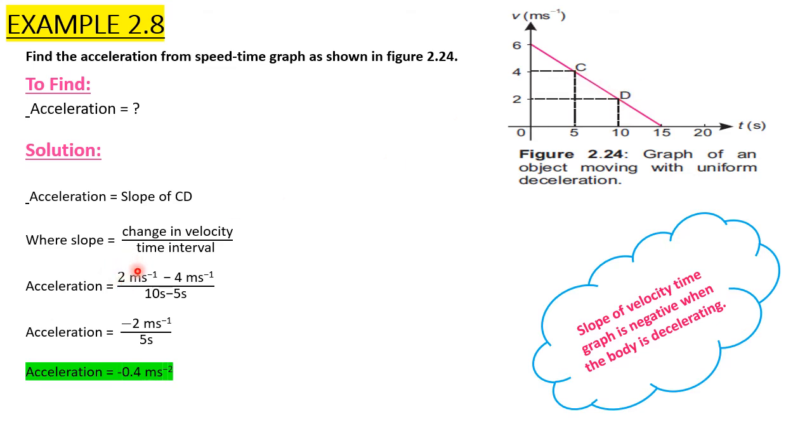So final minus initial change is 2 meter per second minus 4 meter per second divided by 10 seconds minus 5 seconds, and by solving this we will get the acceleration equal to minus 0.4 meter per second square. The body is decelerating here, the velocity is decreasing, that is why we have a negative sign in our answer.